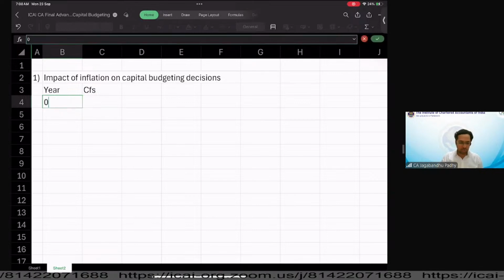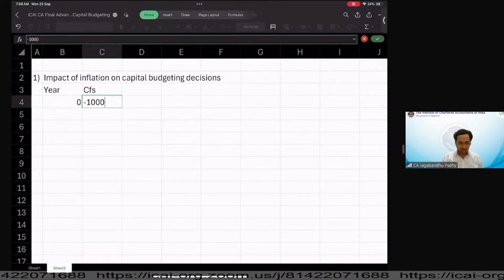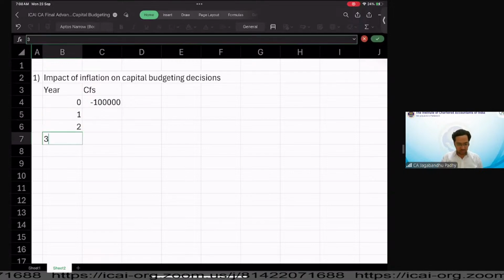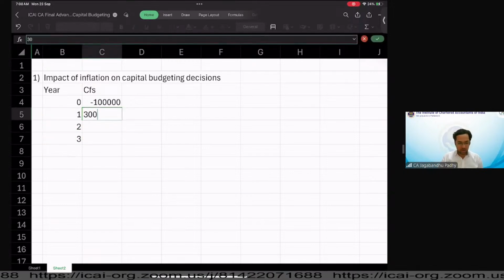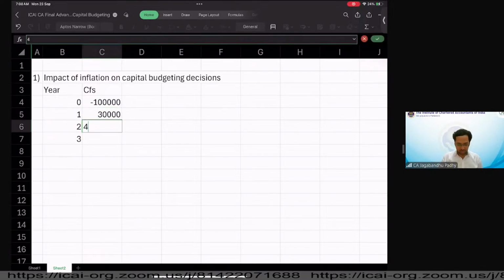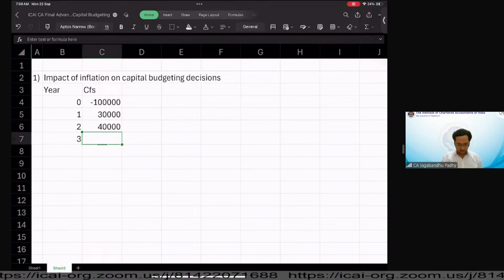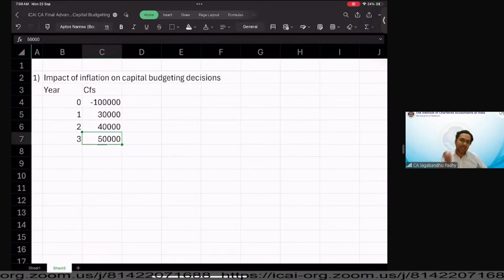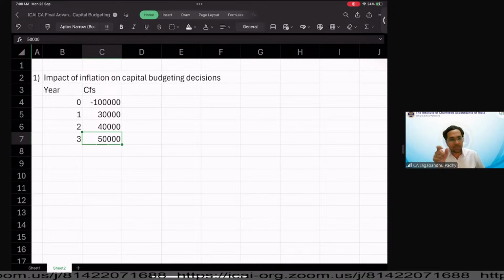You said that zeroth year you're going to invest, let's say, a lakh rupees in a project, right? Then first year, second year, third year, you're saying that there will be cash inflow of 30,000, 40,000, and 50,000, right? So students really generally ask me, sir, is this cash flows including the inflation effect, or is it the cash flow at the current prices, right?